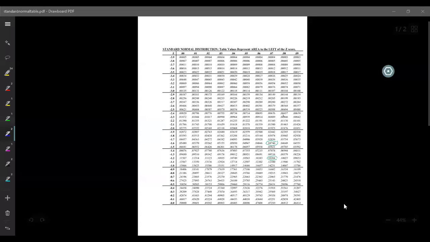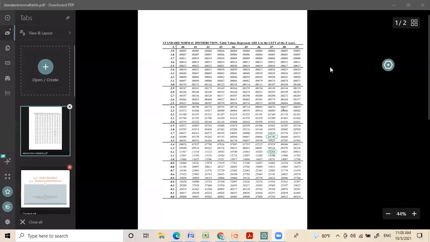Okay, I'm going to share the z table now. Okay, can you all see the z table?